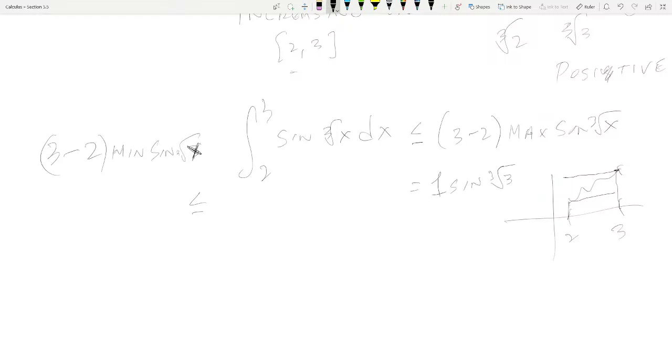Okay, and so what's that? Well, since it's increasing, the min happens at 2. So that's going to be 1 times sine of the cube root of 2. Then you put those in your calculator, and you'll see that this is greater than 0, and this one here is less than 1.